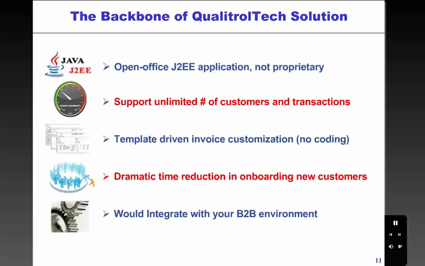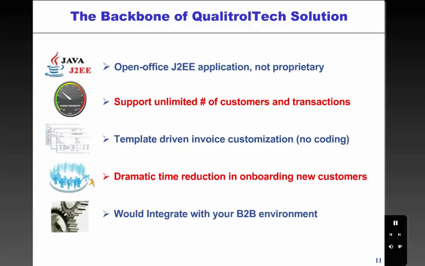Looking at the trends we uncovered and the problems that exist in other e-invoice options, Qualitrol Tech began to develop a solution built on these 5 principles. The first was that it would be developed using open office standards instead of proprietary programming. This would enable easy integration with other programs and easy upgrade as new functions become available in the future. It would support an unlimited number of customers and transactions.